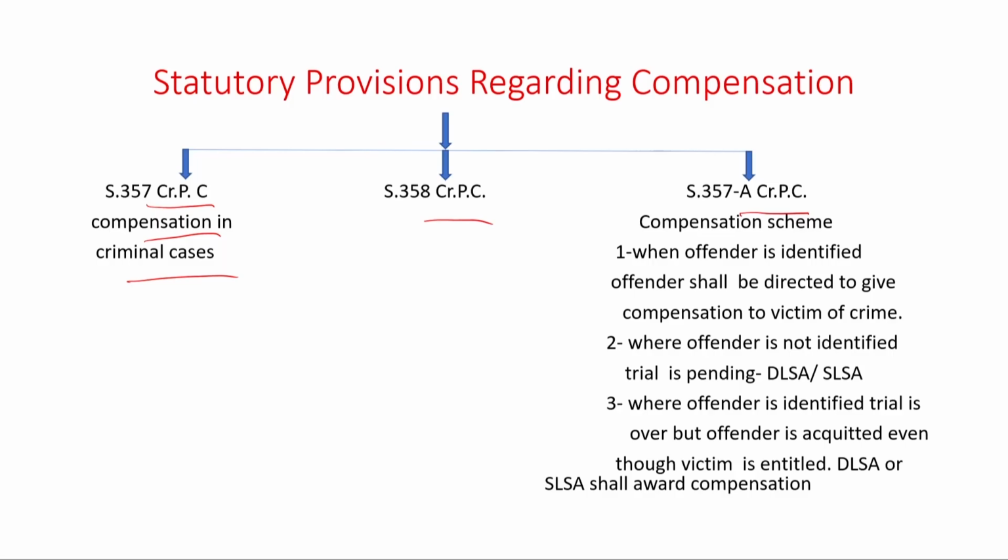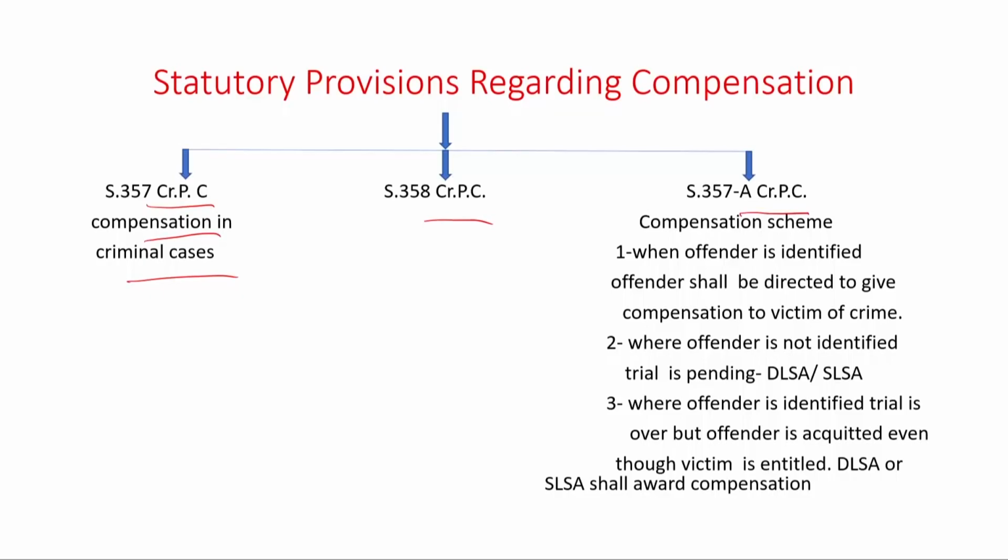You see, compensation is considered part of civil law, because many times you might have seen that the criminal court, the trial court, has to impose a fine in a criminal case. So, there is a clear-cut difference between fine and compensation, as you all might know: fine goes to the government and compensation is given to the victim of crime.